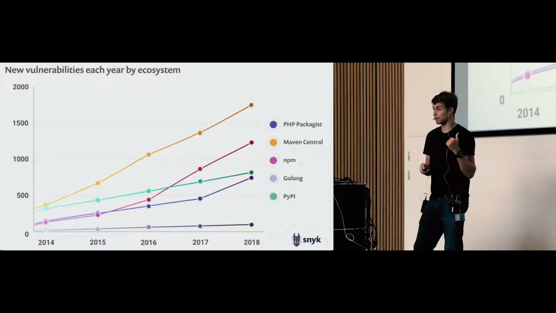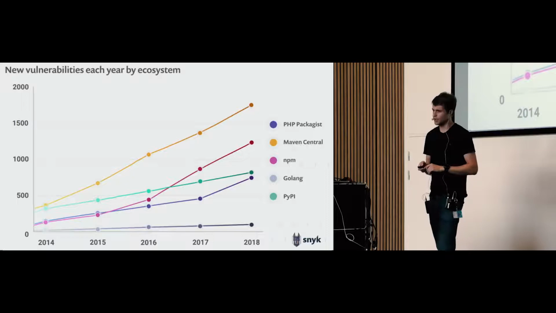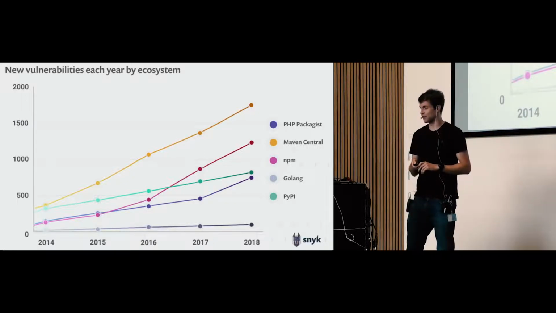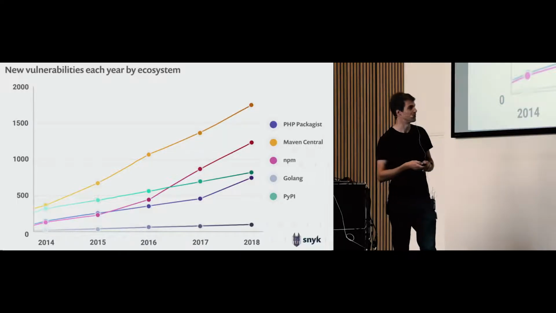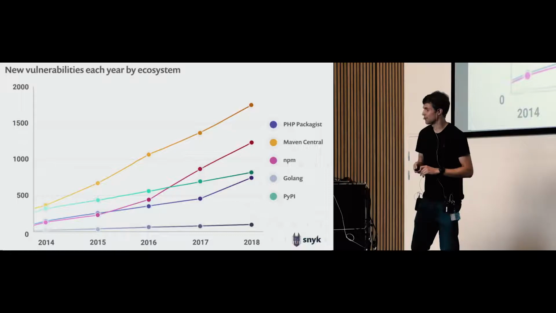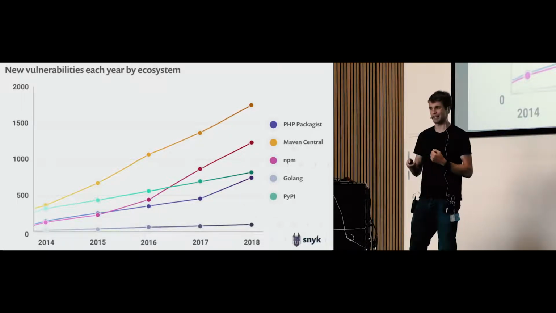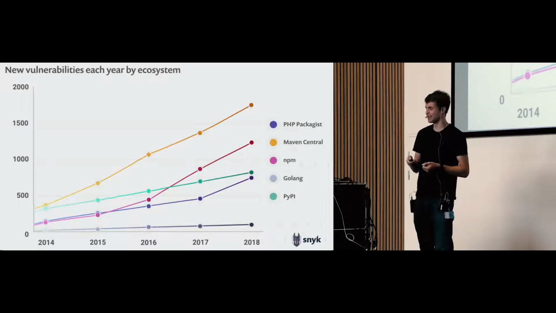But on the top there, you have Maven, which is for Java, Scala, Kotlin, those sort of languages. They have the largest number of vulnerabilities. But npm is in there as well, coming in at number 2 last year. So even if you don't directly depend on a vulnerable package, you might indirectly and not really know about it. There's just so many security vulnerabilities now.